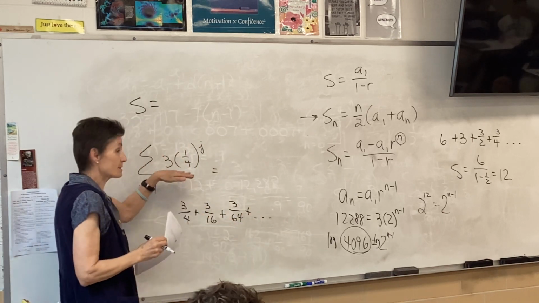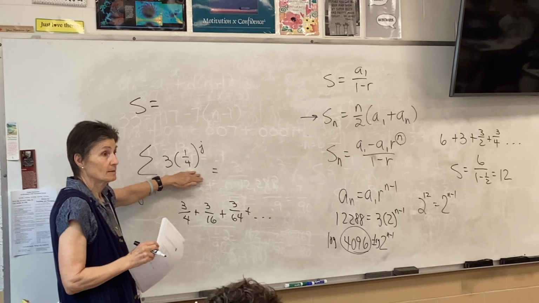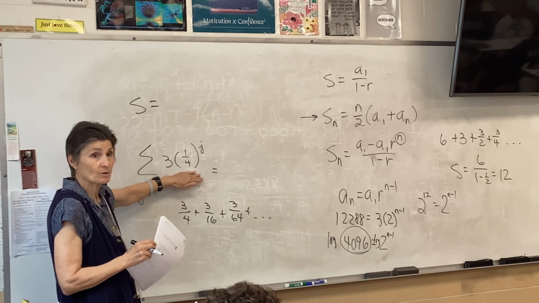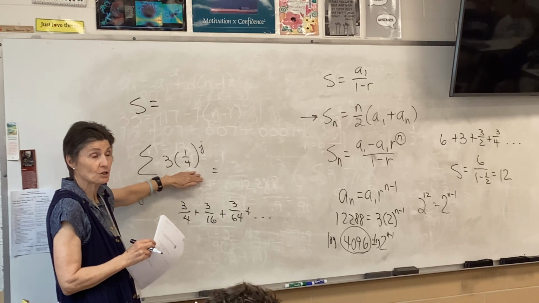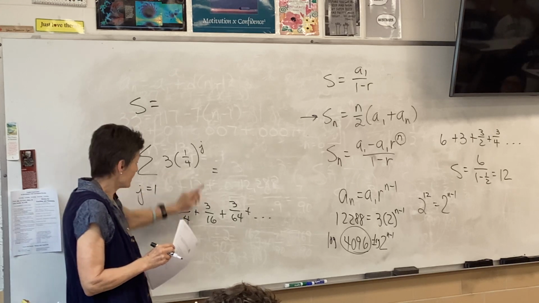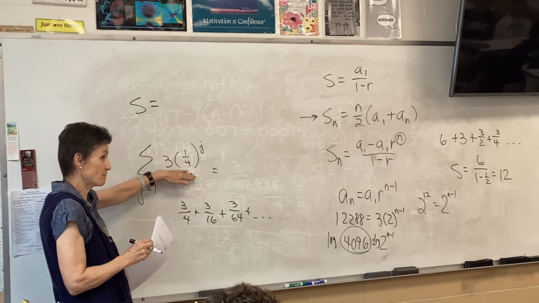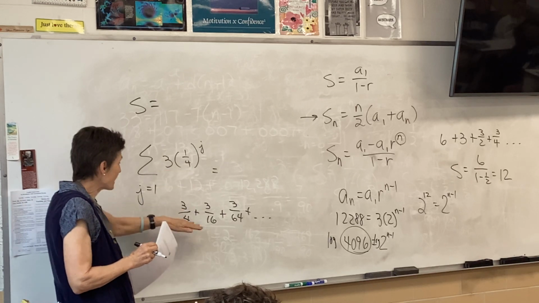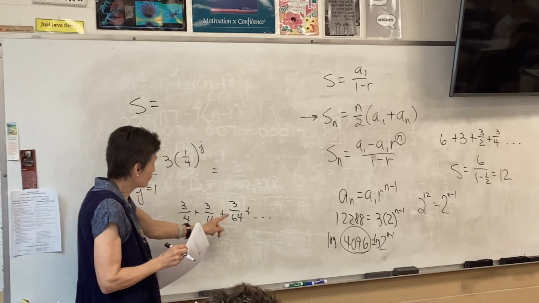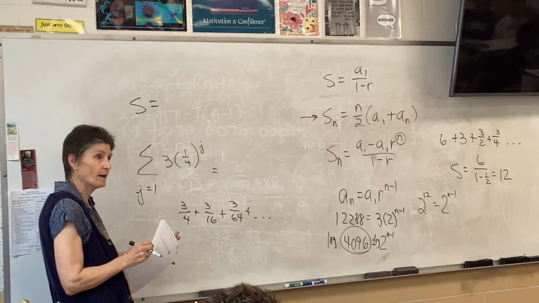Now, some of you can look at that and see a geometric sequence with a ratio of 1/4. And is that what happened? Yeah. So you can tell sometimes by just looking at them, but if you can't, write out the first few terms until you figure out what's going on.